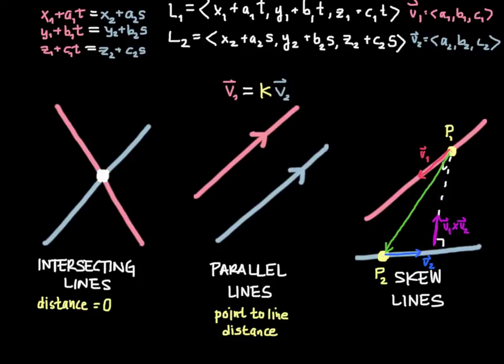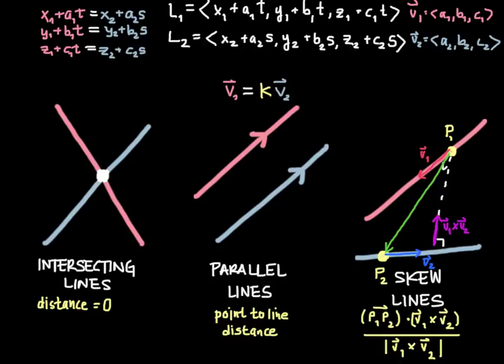And so the formula for finding the distance between skew lines is simply that. It is the projection of this green vector that connects the two lines and not necessarily along the shortest path onto this vector, which is pointing in the direction of the shortest path.